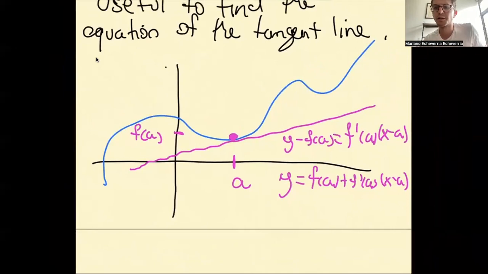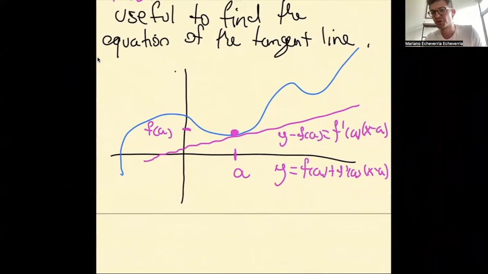But you could ask, why do you want to approximate it with the line? Maybe you could try to approximate the graph of the function with something more complicated. Oops, sorry. I don't know why it's happening now.